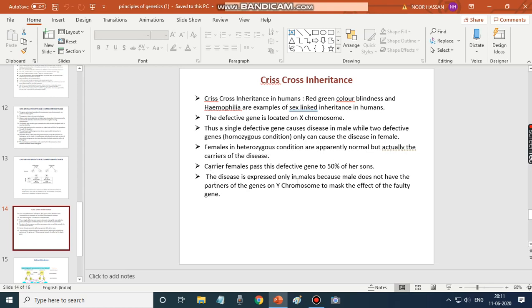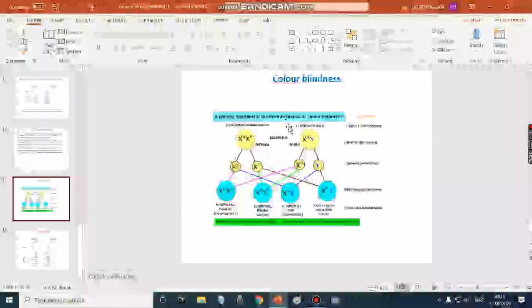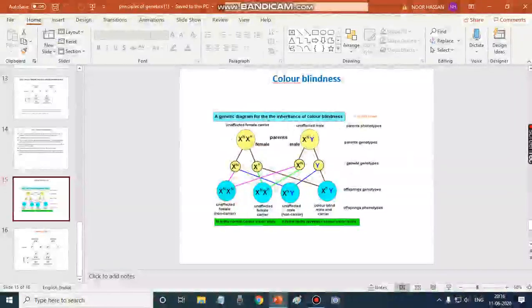The disease is expressed in males because there is no partner for the gene on the Y chromosome to mask the effect of the faulty gene. The X chromosome is only one, and the other is the Y chromosome, so it cannot mask the effect of the defective gene. This is the diagrammatic representation to show the inheritance of a defective gene responsible for color blindness.